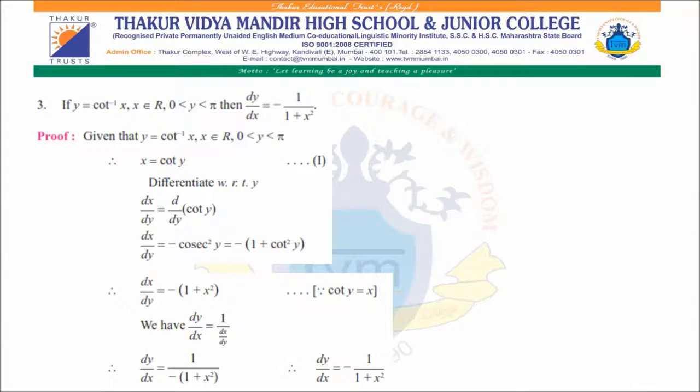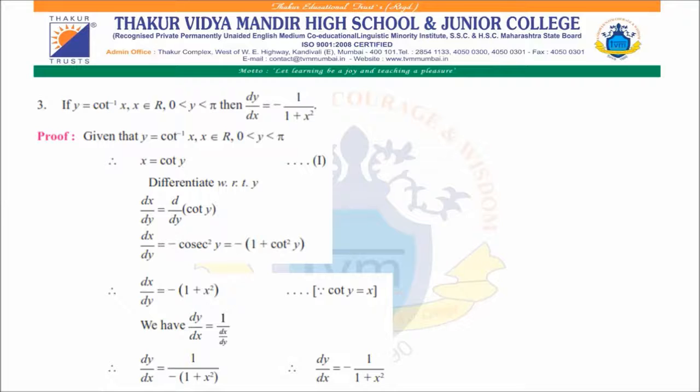Now next we have to prove for cot inverse x. Okay. If y equals cot inverse x for x belongs to R and y is from 0 to pi, that means from 0 to 180 degrees, then dy by dx equals minus 1 upon 1 plus x square. Okay, given that y equals cot inverse x, we have x equals cot y. Differentiating with respect to y, we have dx upon dy equals d by dy of cot y. The derivative of cot y is minus cosec square y.